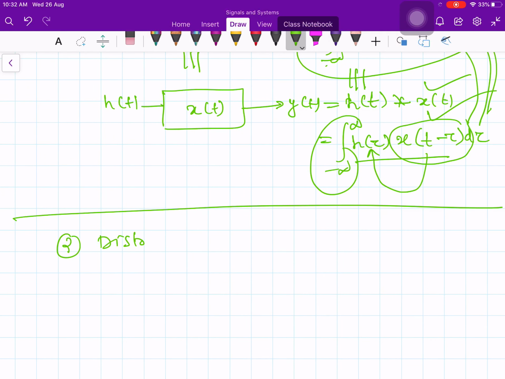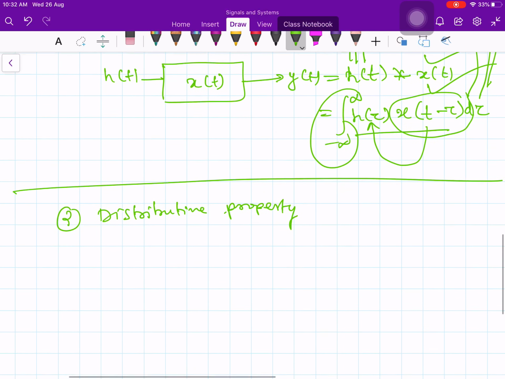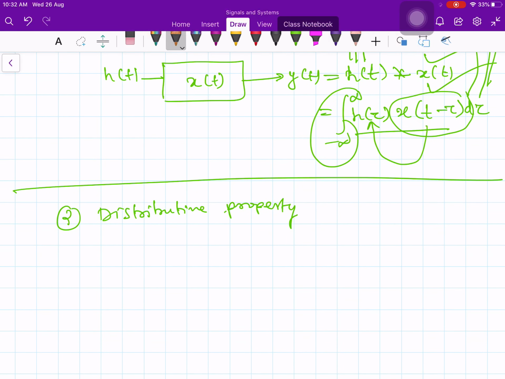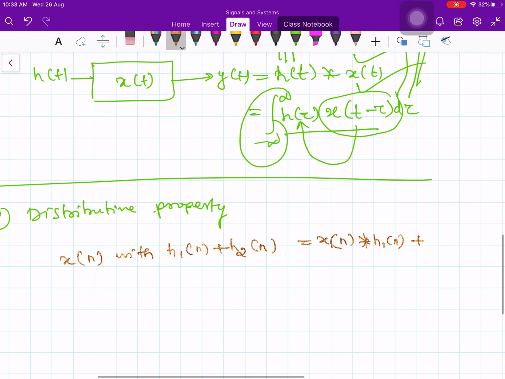The second property is the distributive property. This property says that if you convolve x of n with the addition of two other signals, h1 of n plus h2 of n, then it is equal to x of n convolved with h1 of n plus x of n convolved with h2 of n.